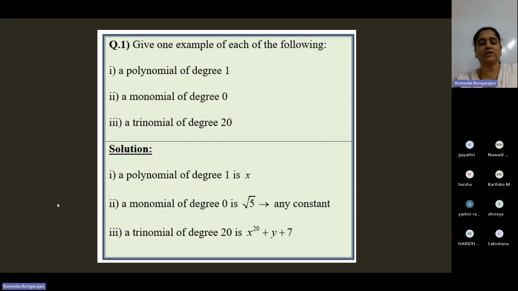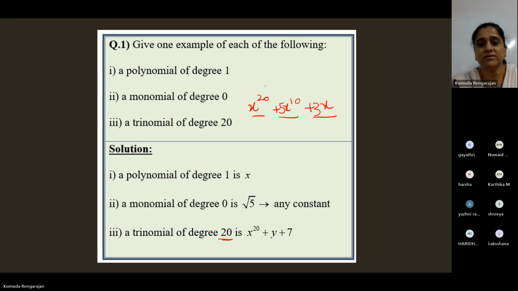Supposing your teacher wants you to write in only one variable, then you can write x to the power 20 plus x to the power 10 plus x, like this also. Or x to the power 20 plus 5x to the power 10 minus whatever plus 3x. Trinomial. Yeah, this one is also a trinomial of degree 20.